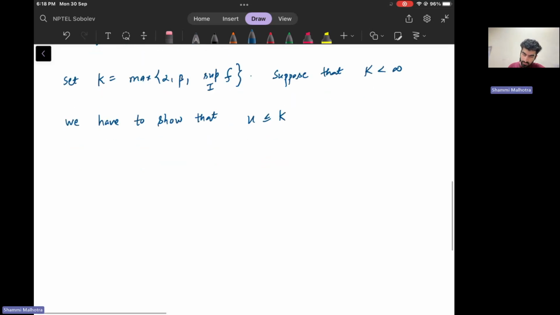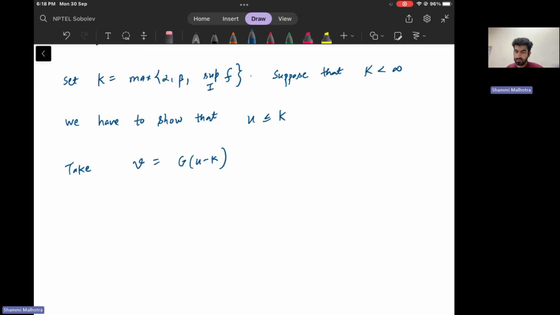So how do we show that? The method goes like we just take v equal to g of u minus k. So what is u minus k?